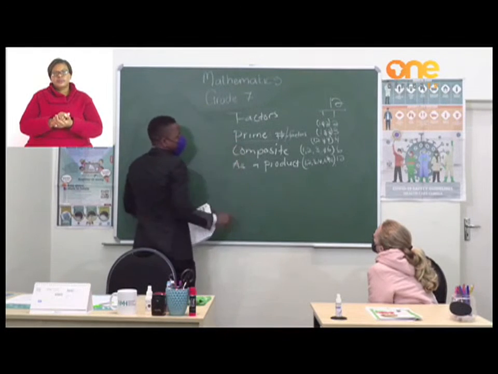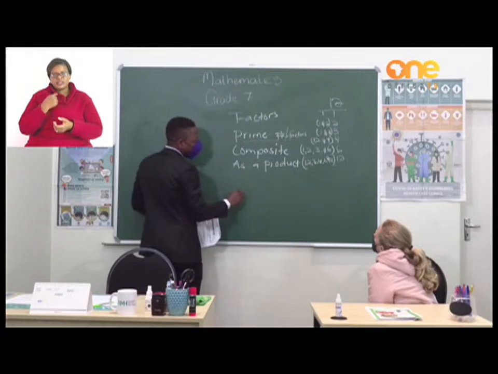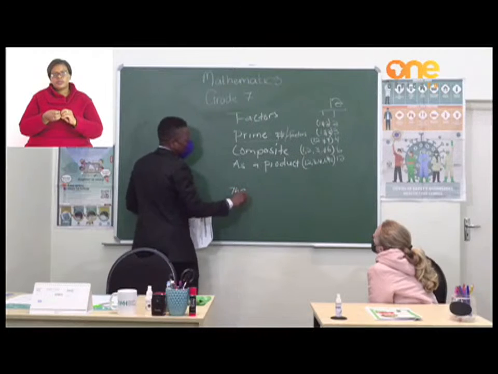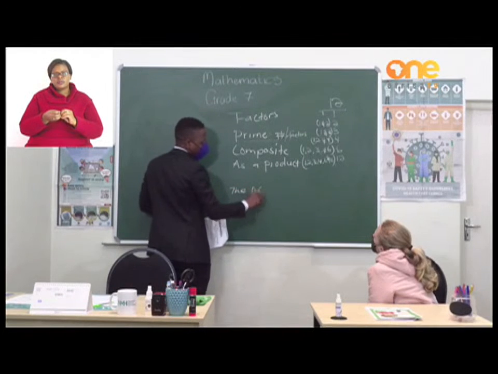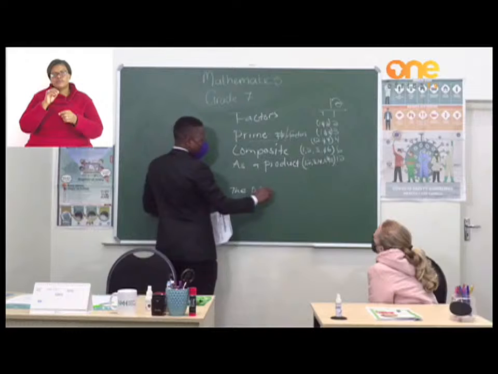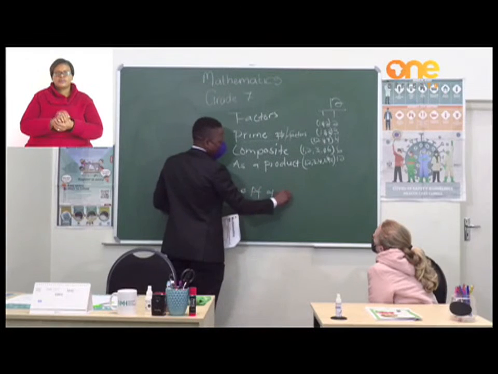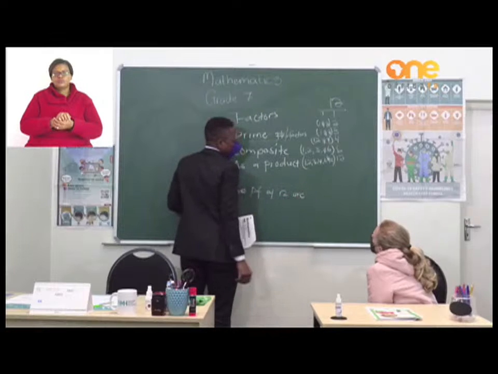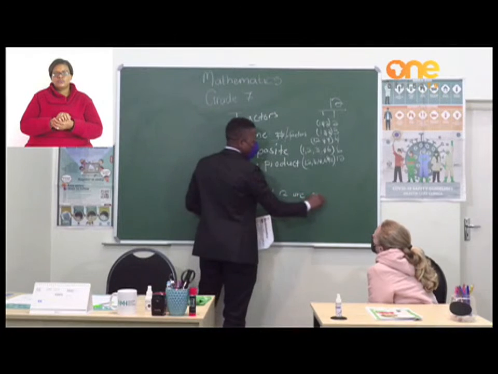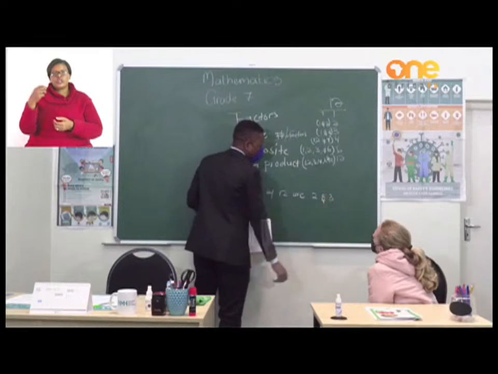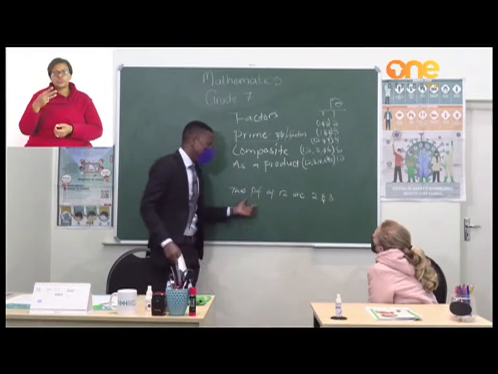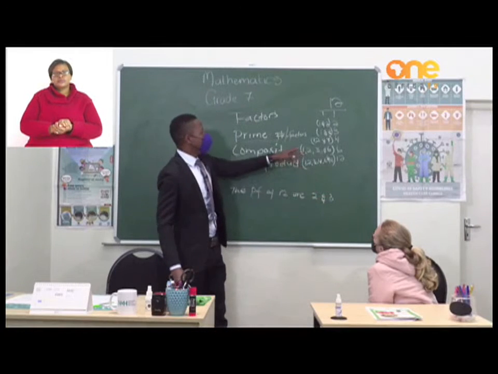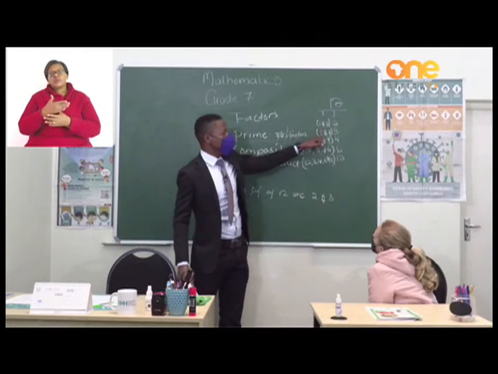To answer these, the prime factors of 12 are 2 and 3. Why? Because they only have two factors.